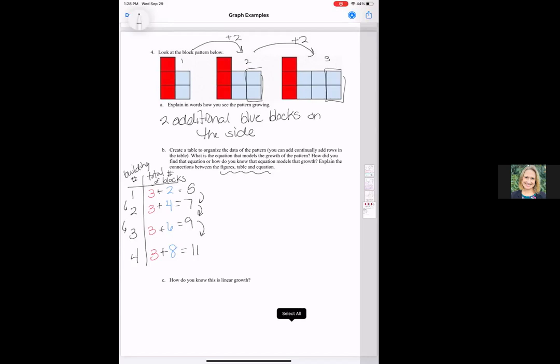So our slope, the change in Y's over the change in X's, outputs over inputs, is going to be 2. We have positive 2 over 1, which is just 2, the whole number. And that's our slope.